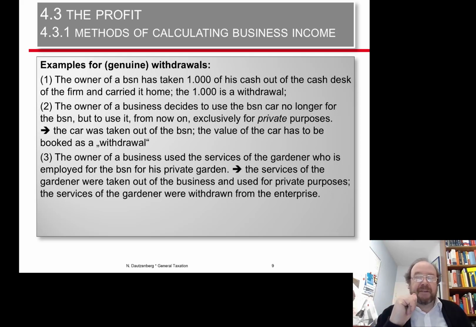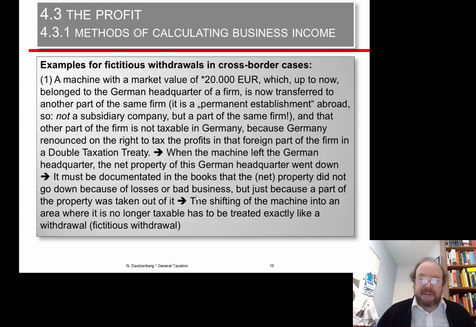So a bit of the value which was produced in the enterprise, here the working hours of the gardener, were transferred and taken out from the enterprise, not used to push up the enterprise property. So what you removed there in potential economic advantages has to be corrected. How you value that is another topic for later, but not for now. But in principle, you would have to correct it.